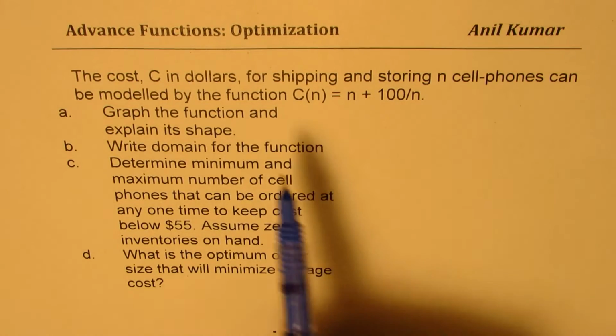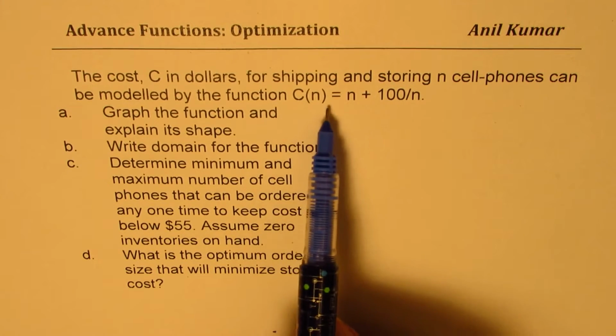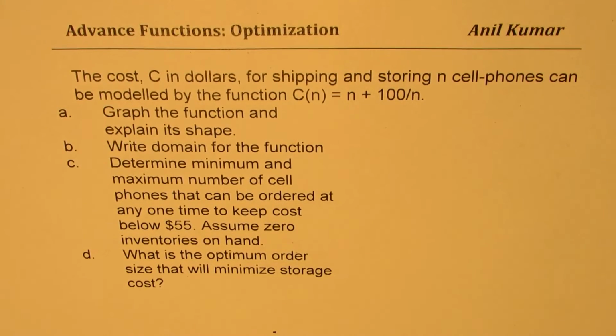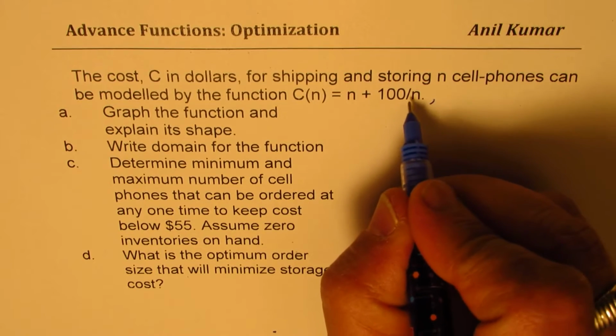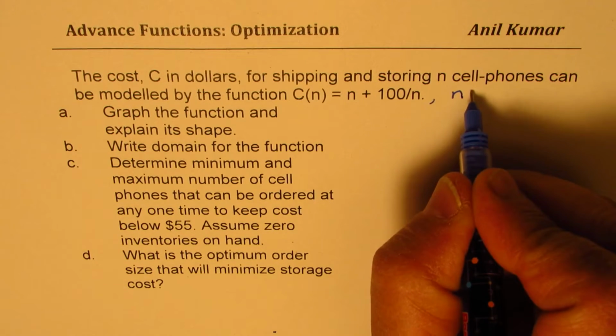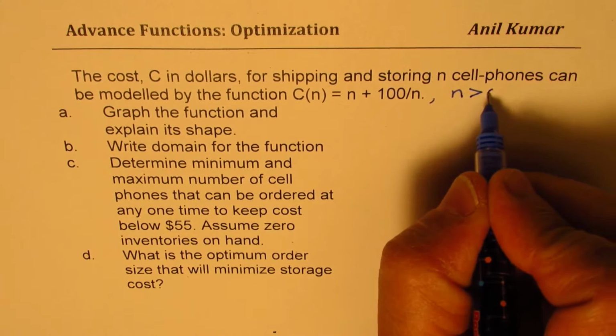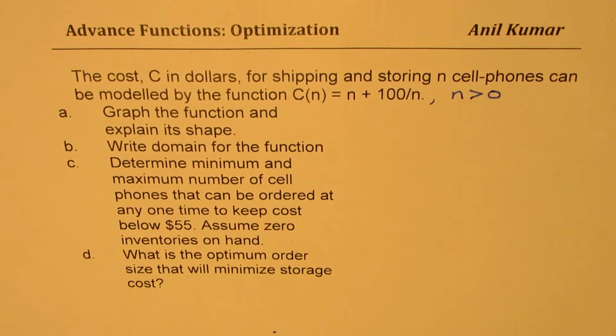So let's begin by graphing C of n equals n plus 100 over n. Now here n has to be greater than 0, since it is in the denominator, it cannot be 0. We are talking about cell phones, and therefore the numbers are whole numbers, so non-negative integer values.